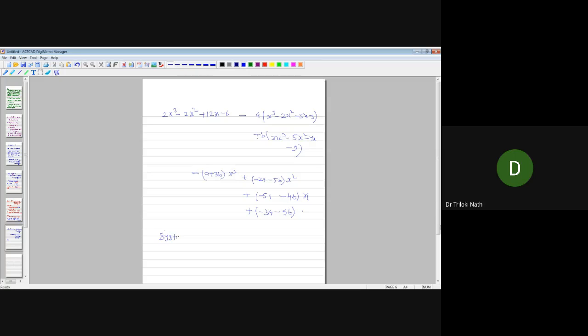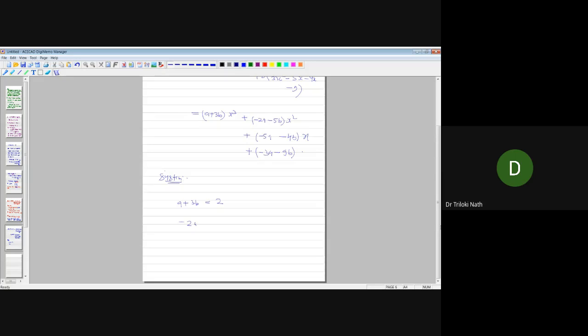The system of linear equations is: a plus 3b is equal to 2, minus 2a minus 5b is equal to minus 2, minus 5a minus 4b is equal to 12, and minus 3a minus 9b is equal to minus 6.